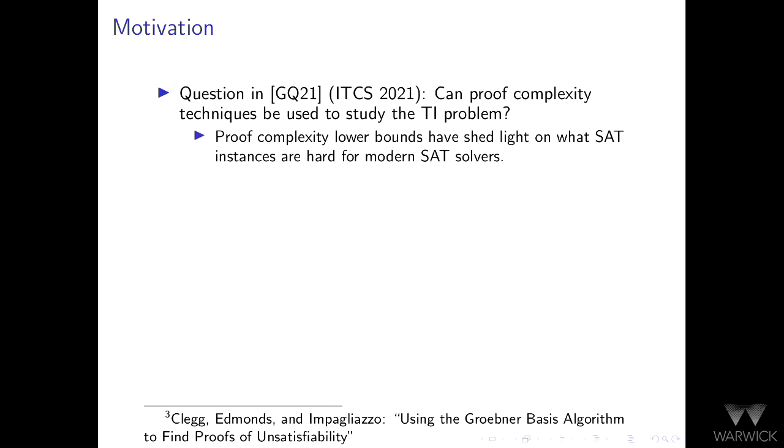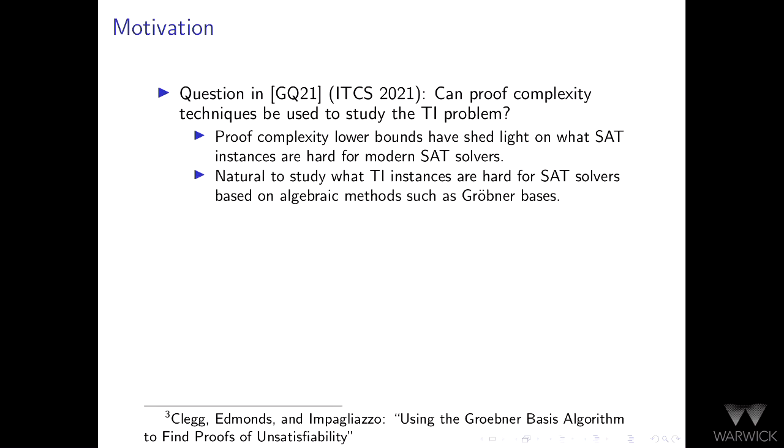This is quite interesting because in the area of SAT solving, we know that proof complexity lower bounds tell us what instances SAT solvers are hard for, algorithms like resolution. And so it's natural to study what tensor isomorphism instances, or what instances of these algebraic problems, are hard for algebraic techniques such as Gröbner bases.